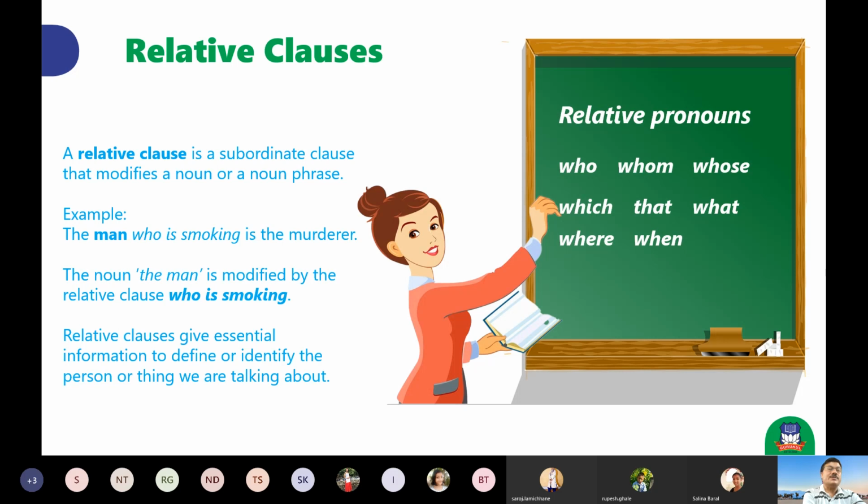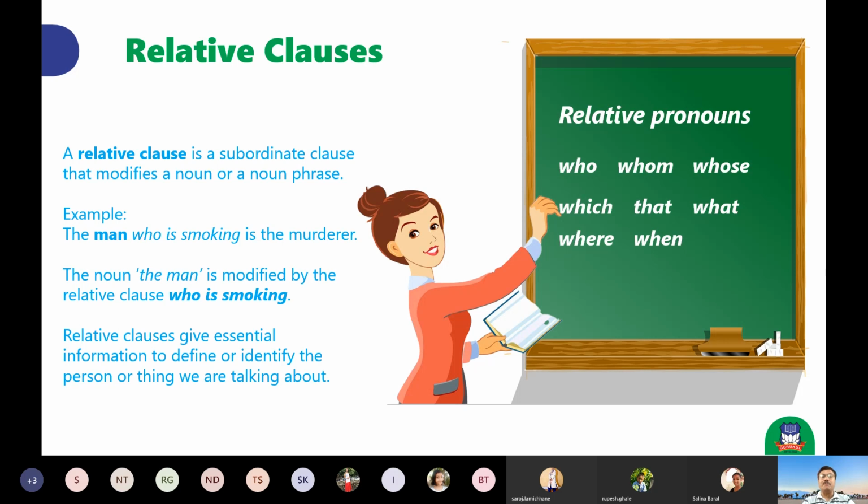So here you have one example. The man who is smoking is the murderer. Okay. So the man is the noun here, and just after man there is who is smoking. This who is smoking is the subordinate clause here. Okay, the noun is modified by the relative clause who is smoking.